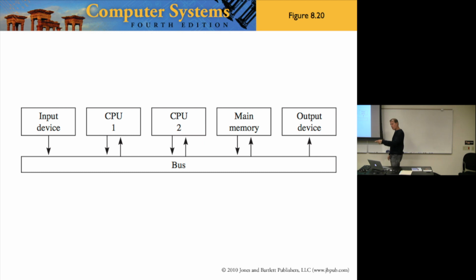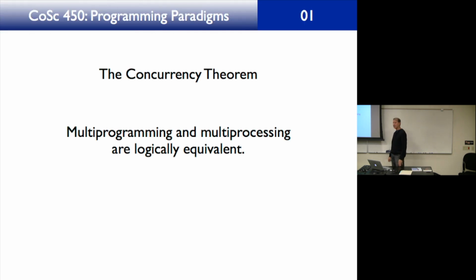And when you talk about cores, that's what a core is. A core is a separate little CPU. And now here comes a really, really important concept. This is called the concurrency theorem, and unfortunately this theorem is not explained in our book, but it's a really important one just to distinguish between these two.